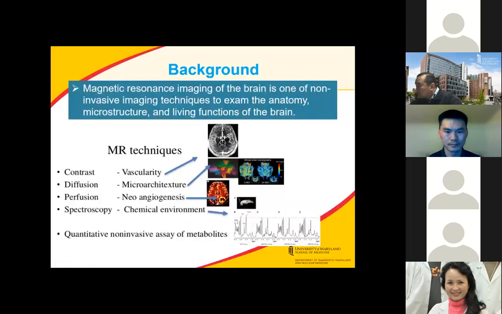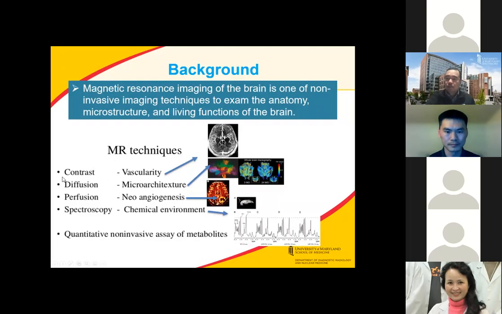Because I do imaging studies, we know magnetic resonance imaging of the brain is one of the non-invasive imaging techniques that can examine anatomical microstructure and the living function of the brain. I just list here that MRI has multiple functions and is widely used in clinical and preclinical settings.